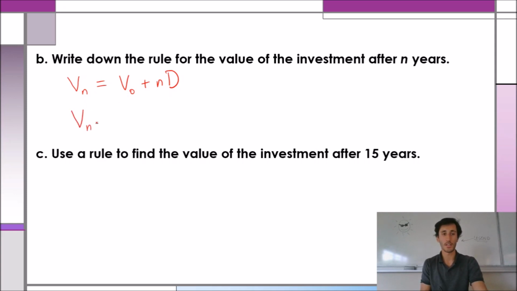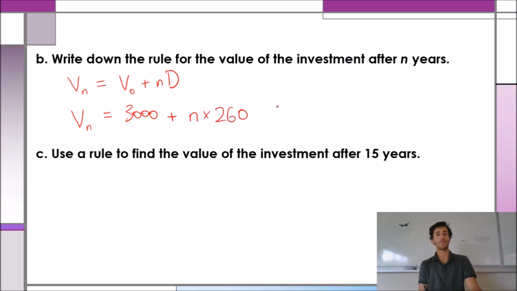So we're going to write Vn equals, well, what was our starting value? 3,000 plus N times our D, our difference, how much it's changing by, 260. So that is the rule for the nth term after n years, so the value after n years.